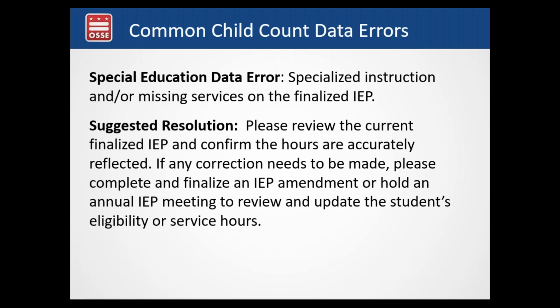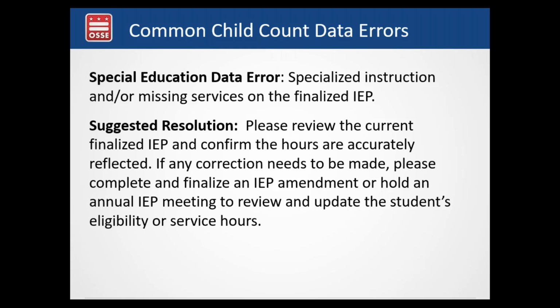Another common error that you may see is that specialized instruction and/or related services are missing on the finalized IEP. You should review the current IEP and confirm the hours are accurately reflected. Most times what we find is that you may have intended to put a 2019 date and the service actually ends sometime in 2018 or is already expired.